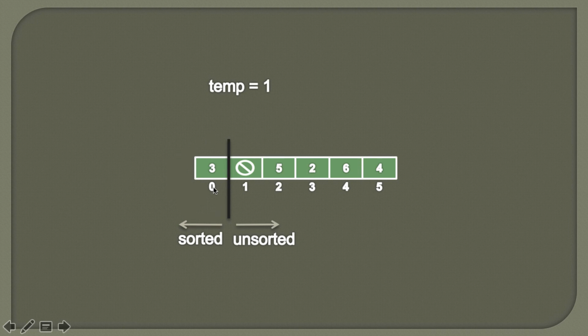So, as we discussed in our previous slide, we shift the elements which are larger than 1 by one position. We simply shift 3 to this empty space. After we perform this shift, are there any other elements in the sorted array? Here you can see there was only one element, 3. There are no other elements, so we simply place 1 at its correct position.